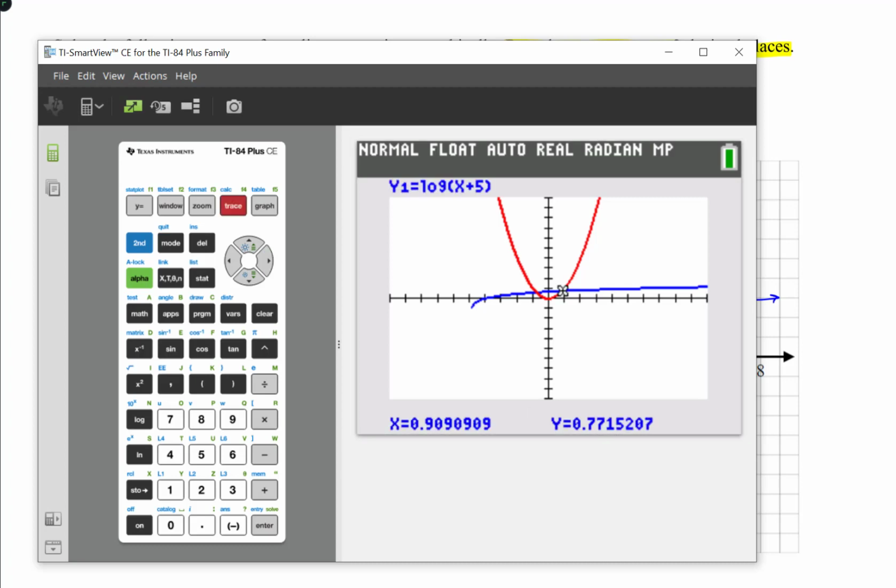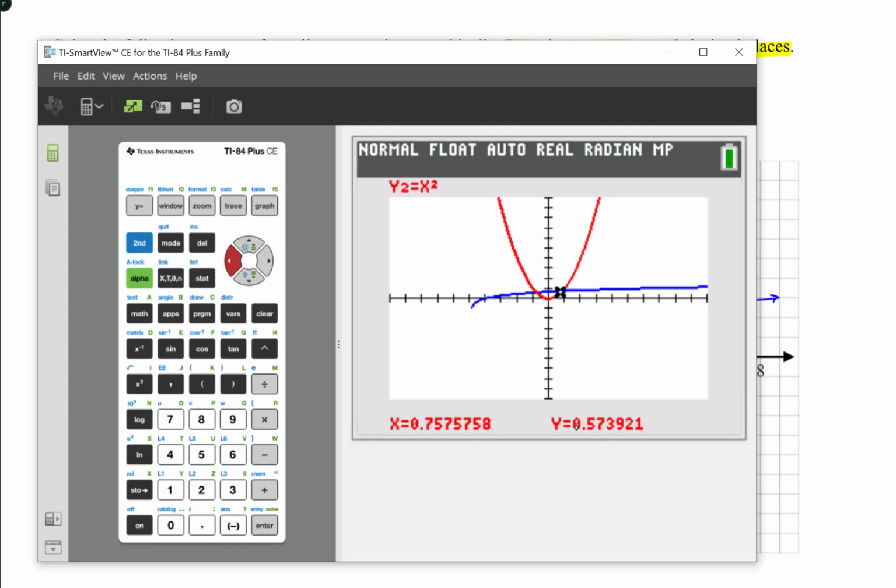Even if you use the trace feature, which makes sure you stay on these functions as you move, it still isn't necessarily going to get close enough to the actual intersection point to be accurate to a certain number of decimals. So I wouldn't rely on those. I would simply make sure to use the second calc feature so that it will run an algorithm to find those intersections for you.